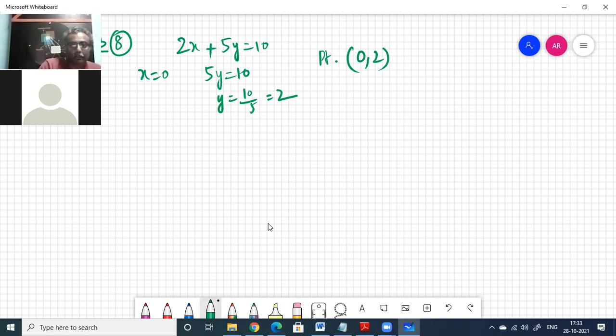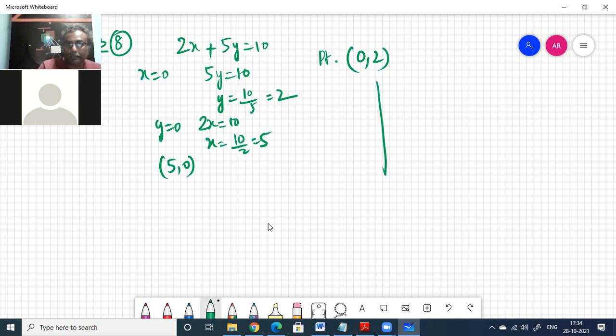Now you put y is equal to 0. y is equal to 0 means 2x equal to 10. x equal to 10 by 2 equal to 5. Correct. So 5 comma 0 is the second point.